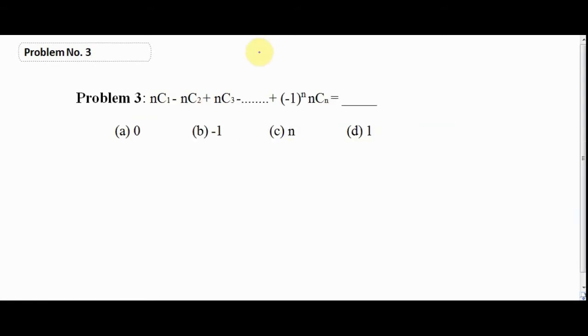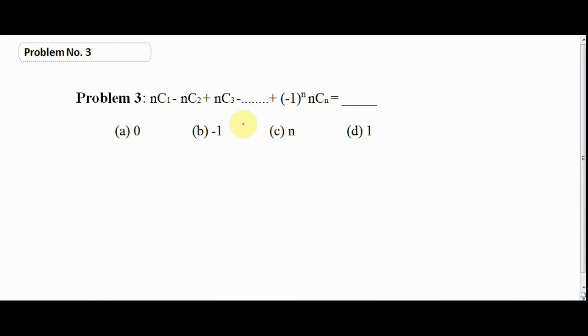Okay, now let's move on to problem number 3. nC1 − nC2 + nC3 − etc. + (−1)^n·nCn is equal to. Okay, we are given 4 options, we have to find out the right answer.